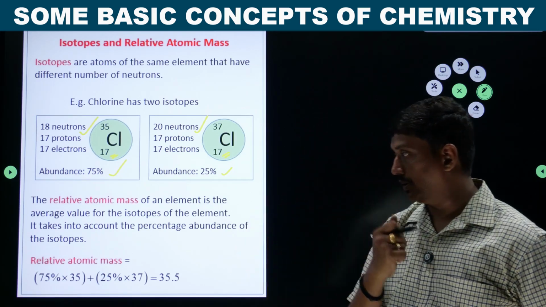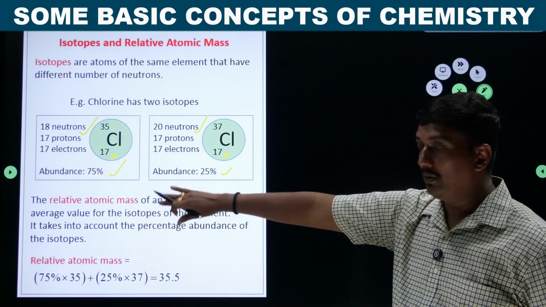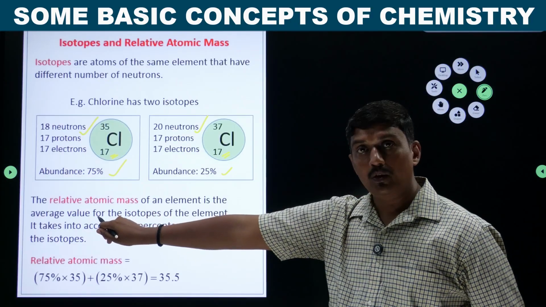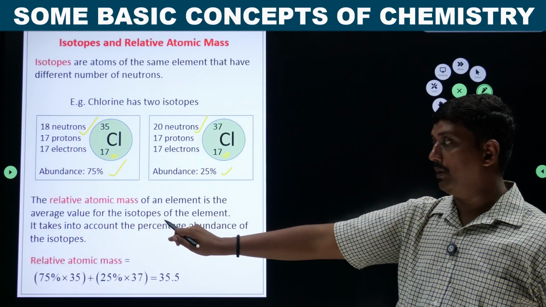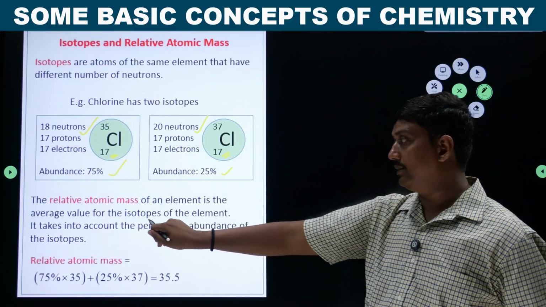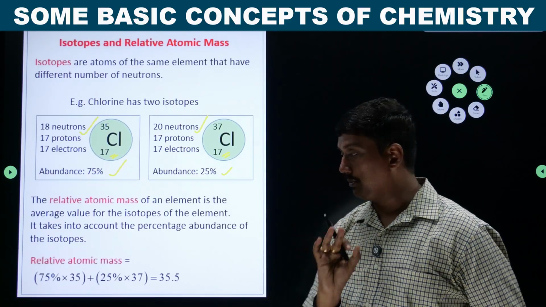So, what is the formula? It is considered to be relative atomic mass. It is an average value of the isotopes of an element. It takes into account the percentage abundance of the isotopes. That is the factor to be considered.